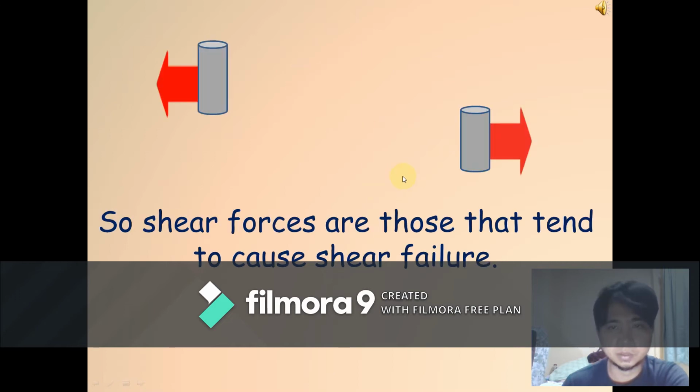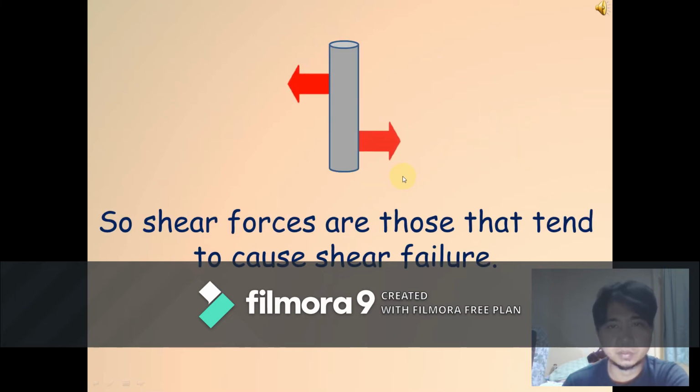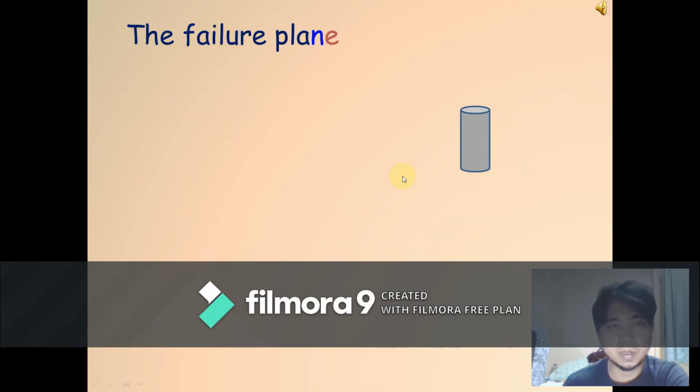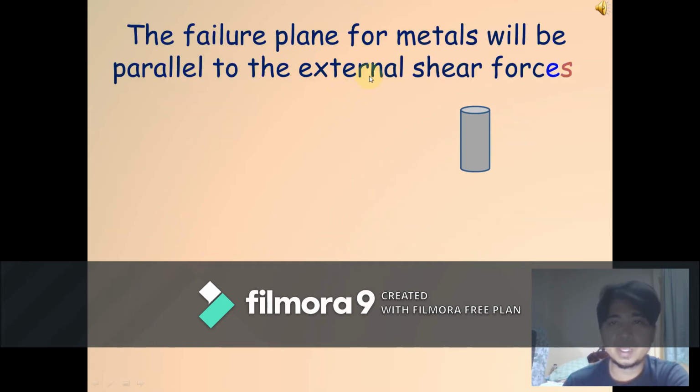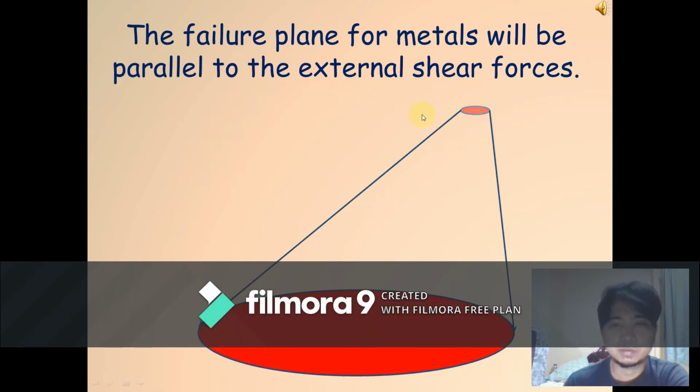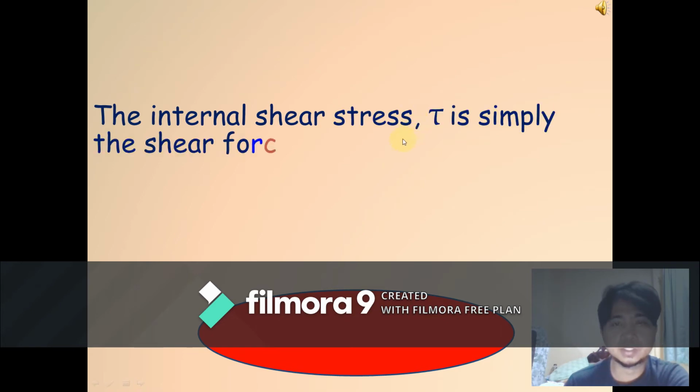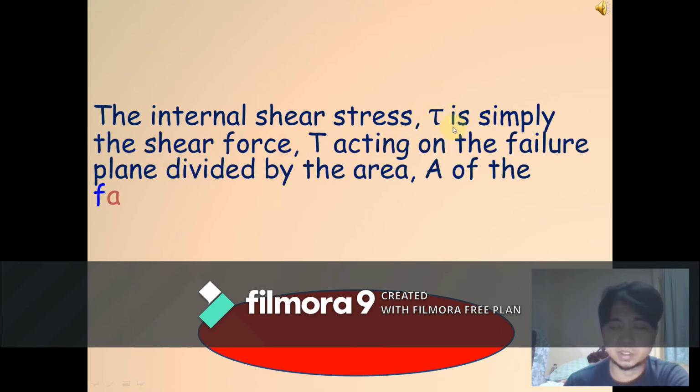So here's the failure. We'll cut the member. The failure plane for metals will be parallel to the external shear forces. So the internal shear stress, our variable here, the Greek letter tau, is simply the shear force acting on the failure plane divided by the area of the failure plane.